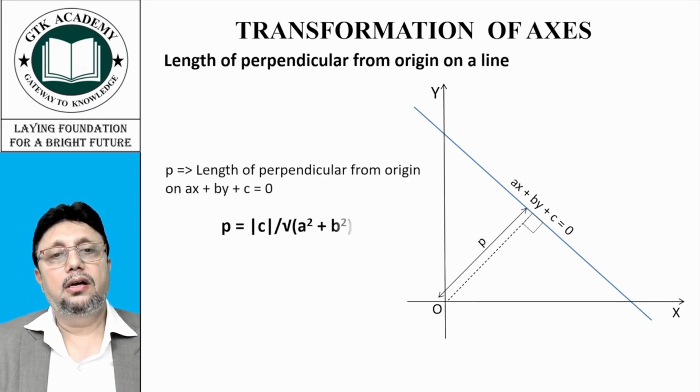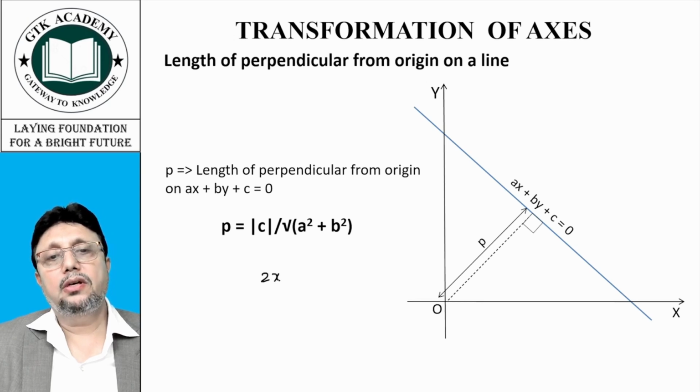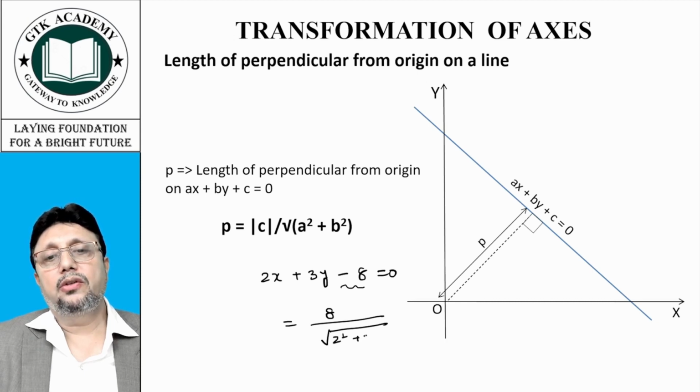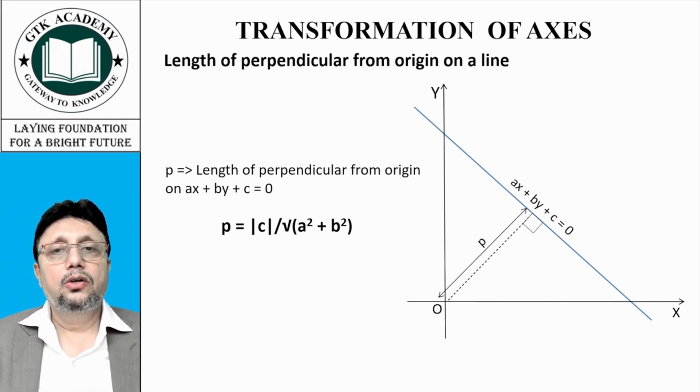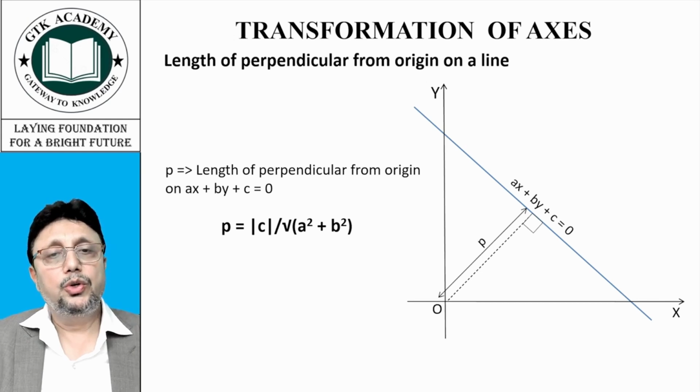This is the formula for that. For example, if you have a line 2x plus 3y minus 8 is equal to 0, the length of perpendicular will be, you only take mod of this value, means 8 upon under root 2 square plus 3 square, right? So just remember this formula, because we are going to use this.